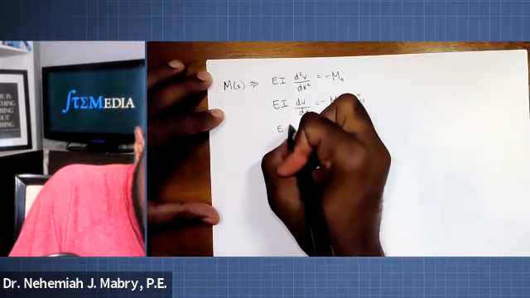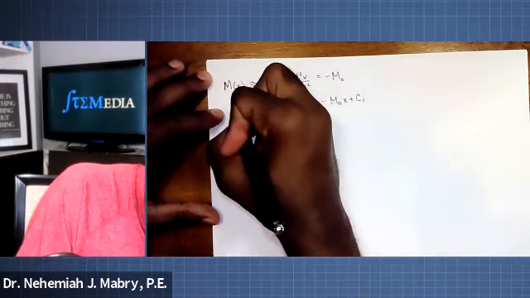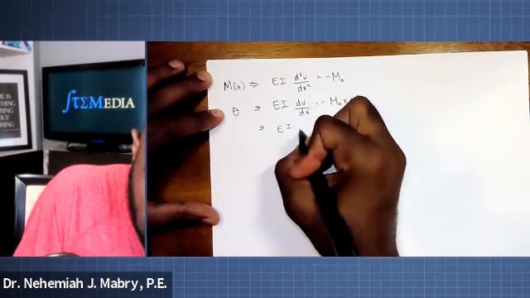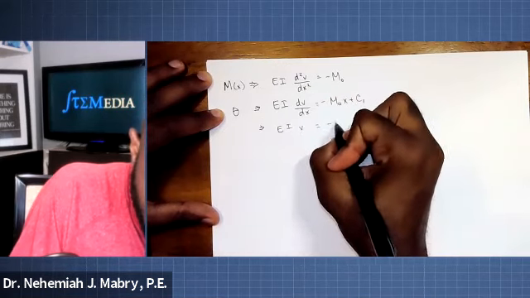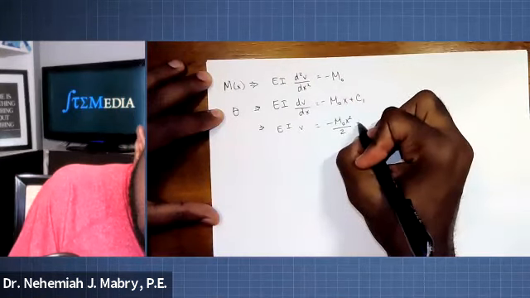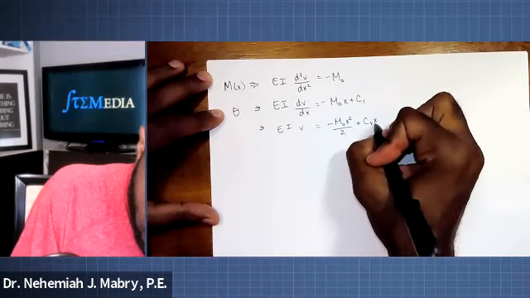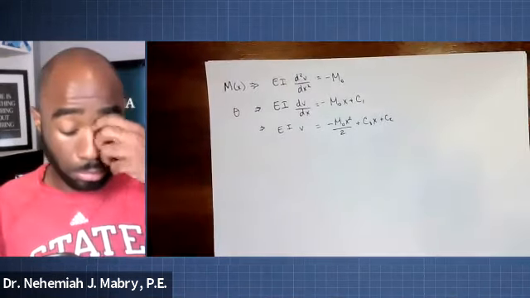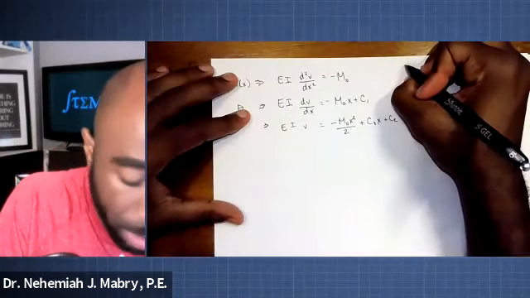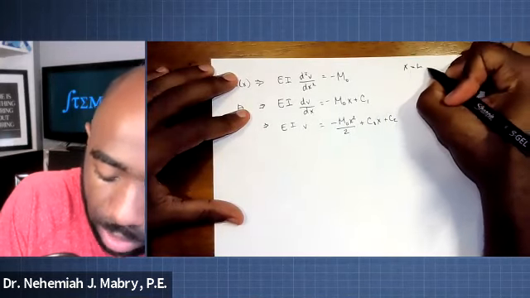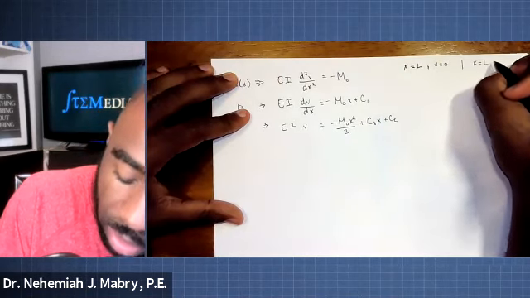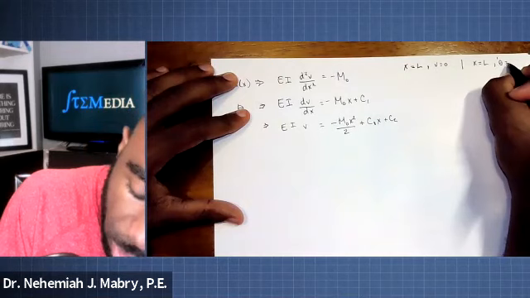And then the deflection is V equals negative M naught x squared over 2 plus C1 x plus C2. Let's use our boundary conditions. At x equals L, V equals 0, and at x equals L, theta, which is the slope, also equals 0.